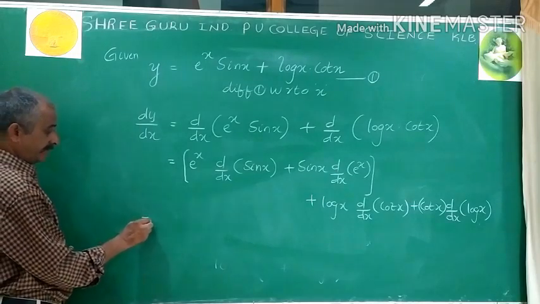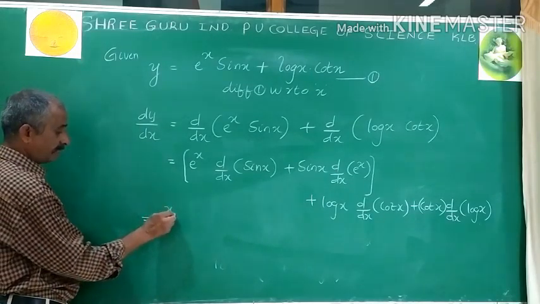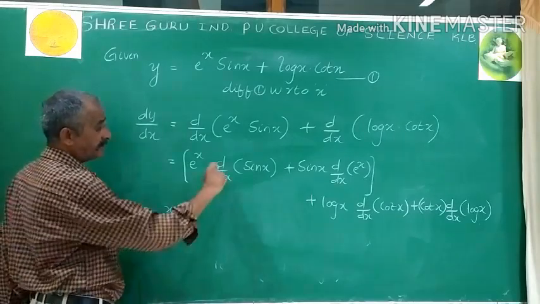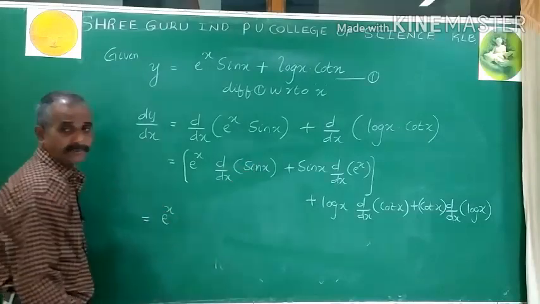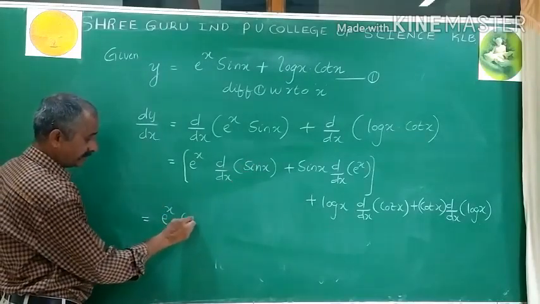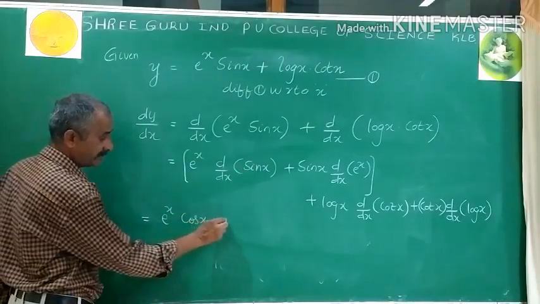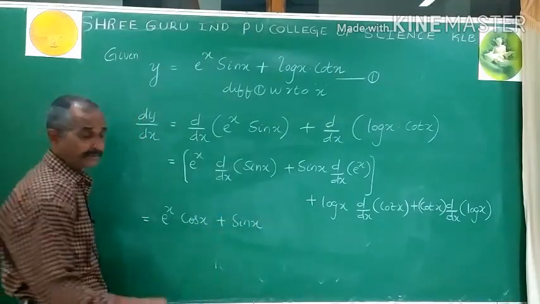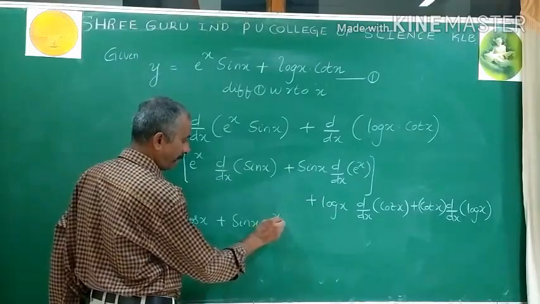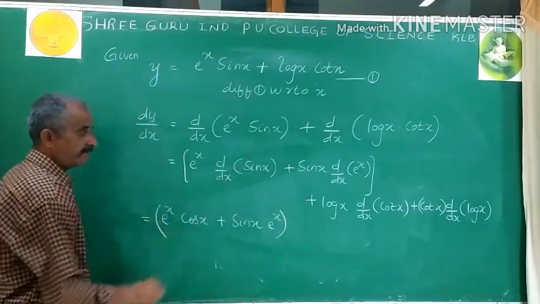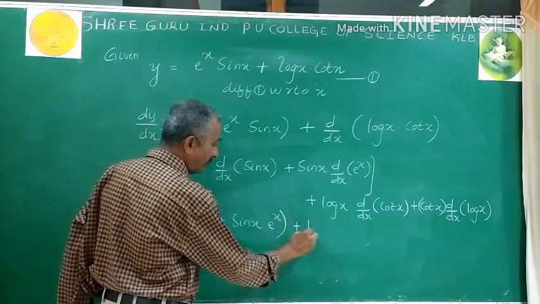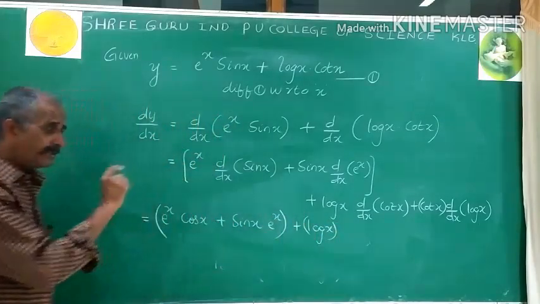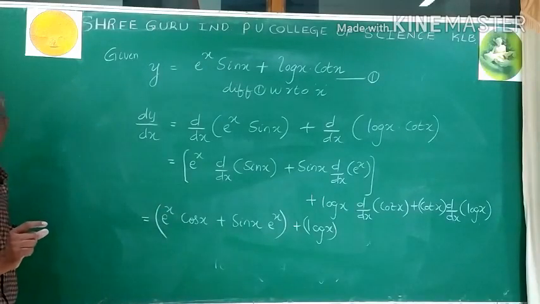Next step, that is equal to e power x multiplied by, from the standard list of formulas, as you know derivative of sin x is cos x. That is e power x into cos x plus sin x into derivative of e power x, which is e power x, plus log x multiplied by, again by the list of formulas, everything depends on the list of formulas here.